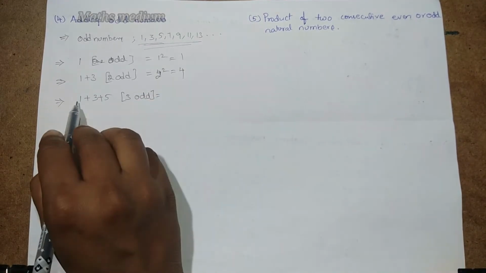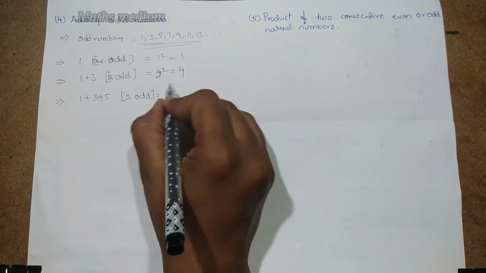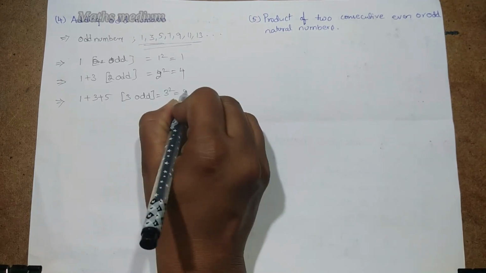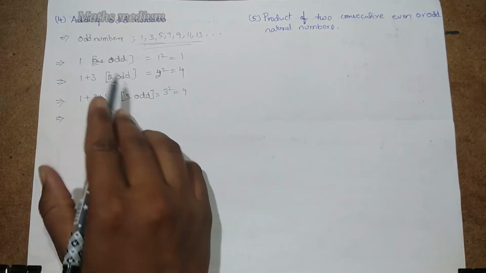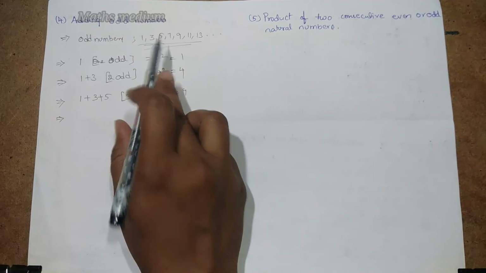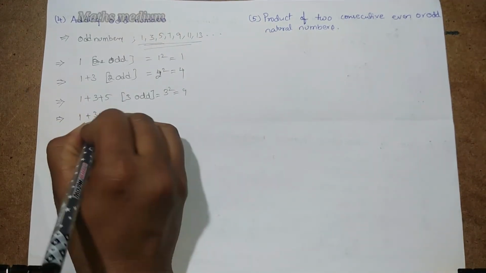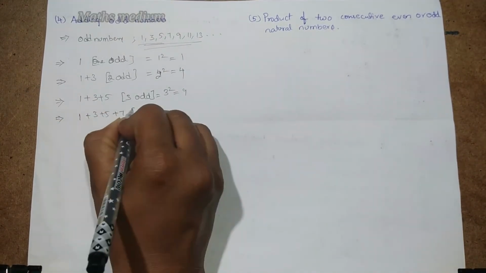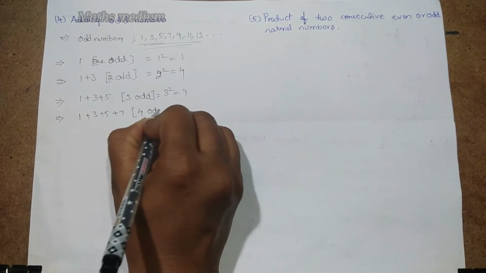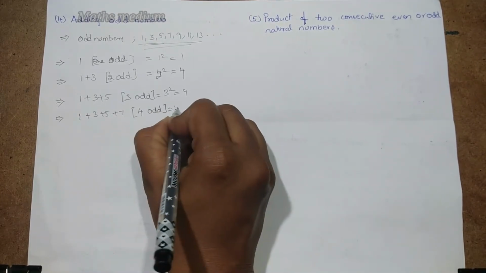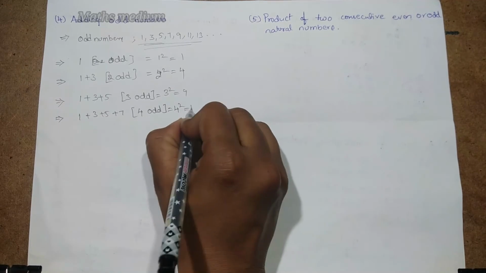So we get 9. 3 square is equal to 9. Similarly, 1 plus 3 plus 5 plus 7. Here we have 4 odd numbers, which means 4 square. We get 16.